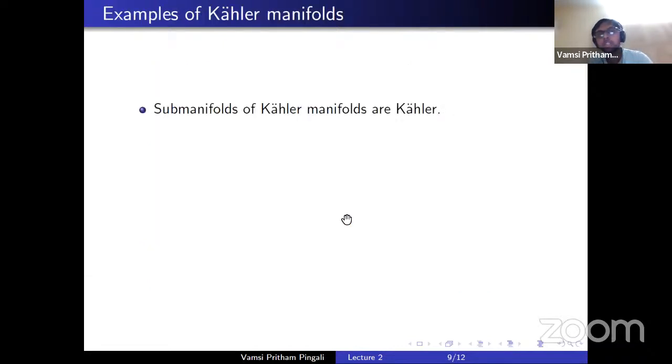Right. So let's look at some examples of Kähler manifolds. Firstly, any submanifold of a Kähler manifold, and whenever I say submanifold, I always mean embedded submanifold, is Kähler. You can simply restrict the metric and it'll continue to be Kähler.